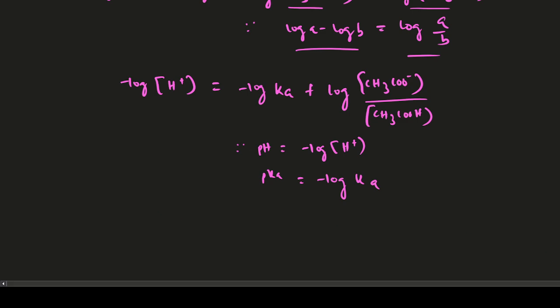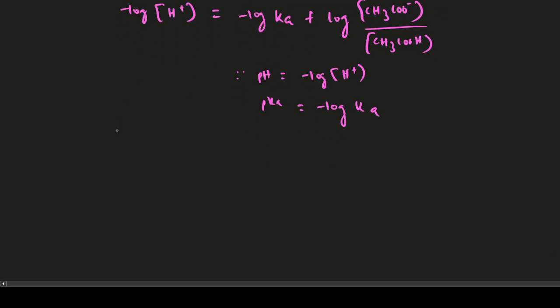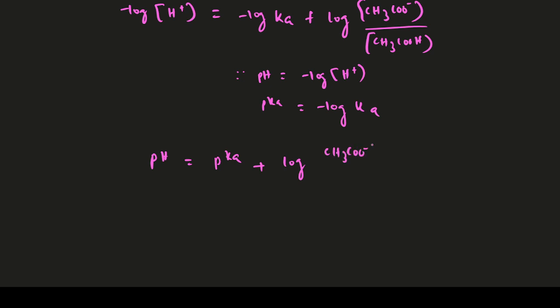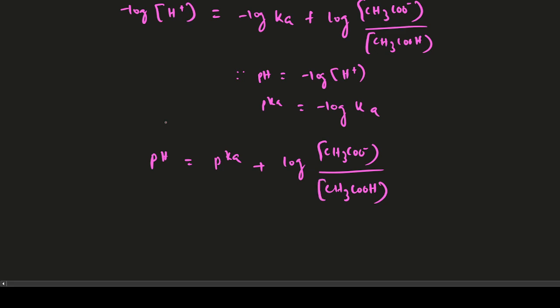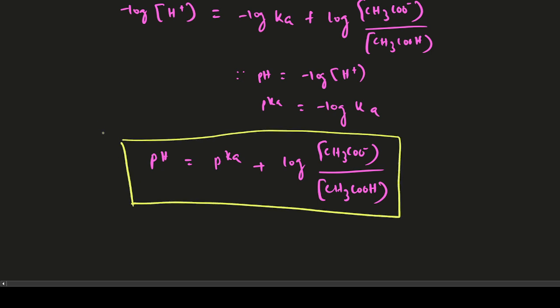So from here I can write pH equal to pKa plus log of CH3COO minus over CH3COOH. Yes, so this is the formula to calculate the pH of a buffer solution.